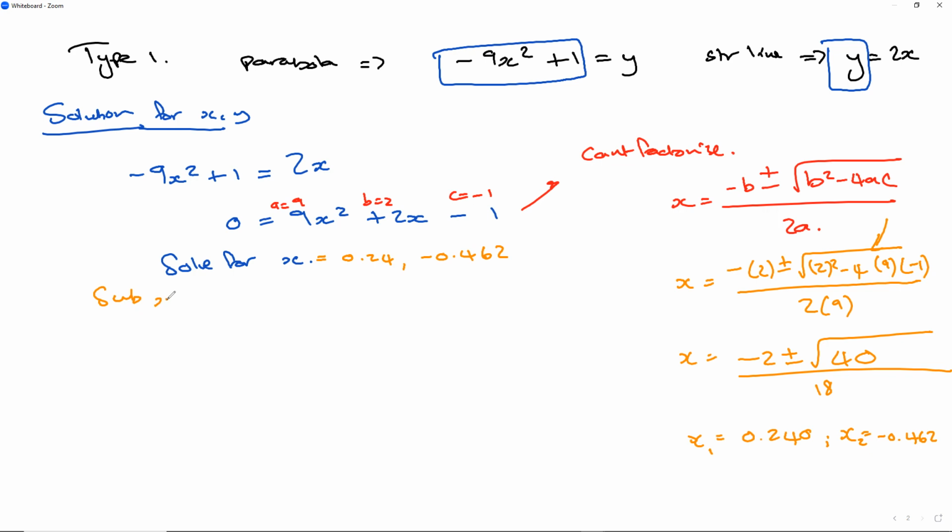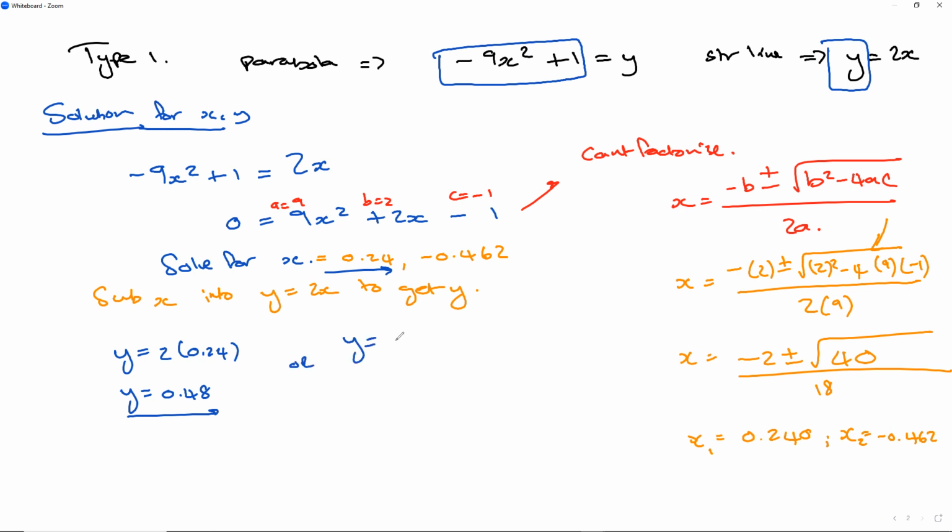We're going to substitute x into y equals 2x to get y. And so from there, y is equal to 2 times 0.24, so y will equal 0.48 when x is equal to 0.24, or y is equal to 2 times negative 0.462, which comes to negative 0.924.